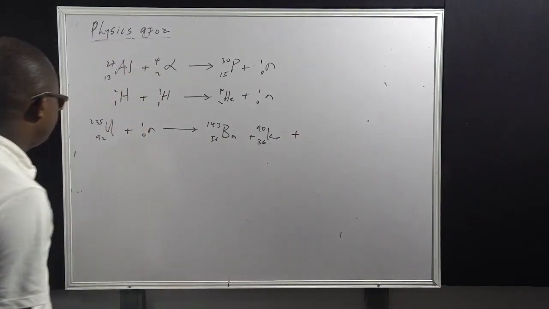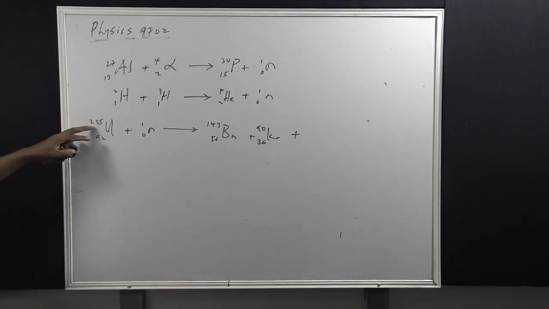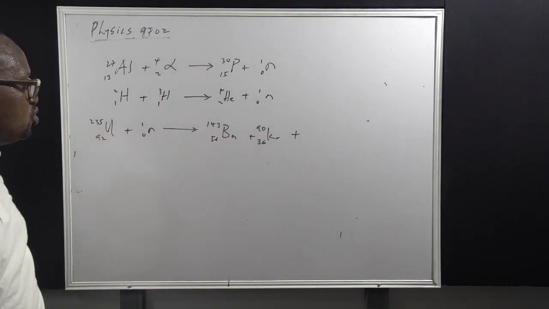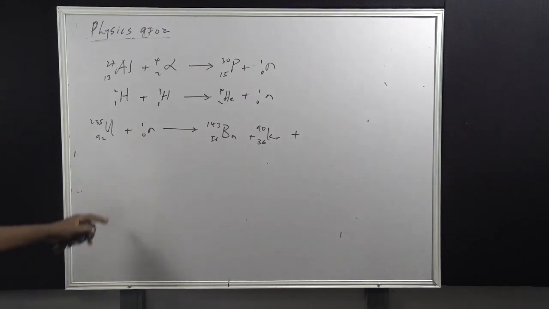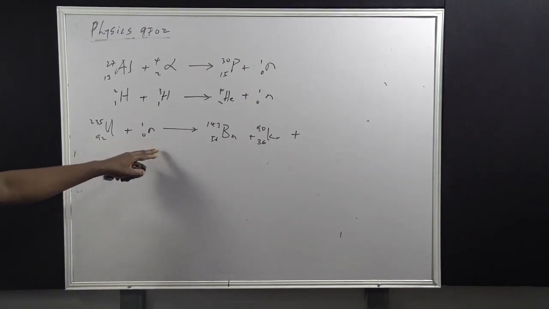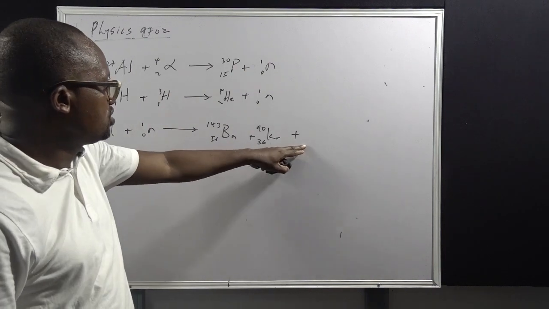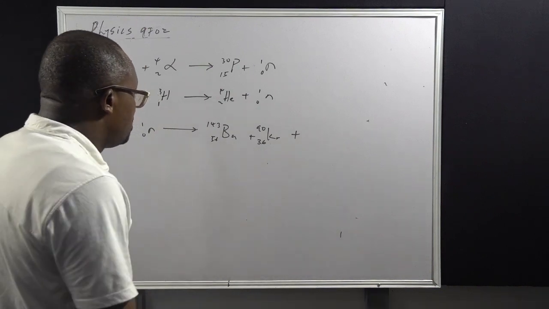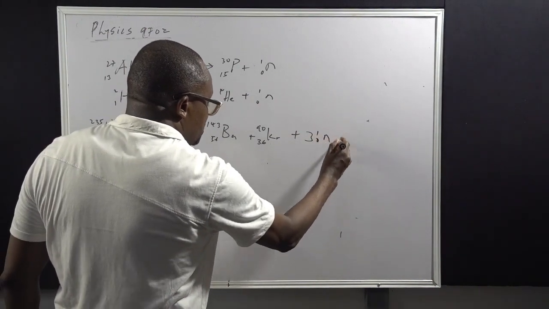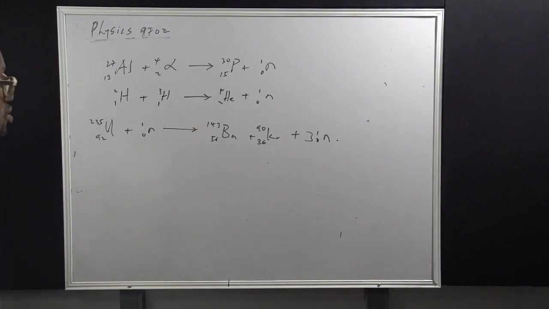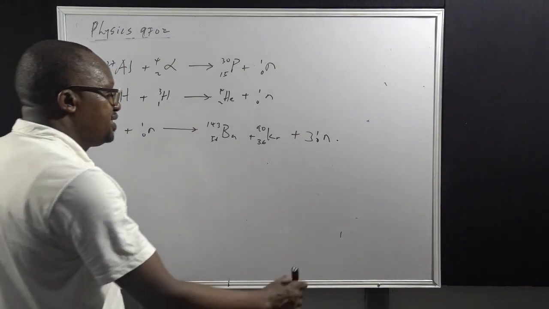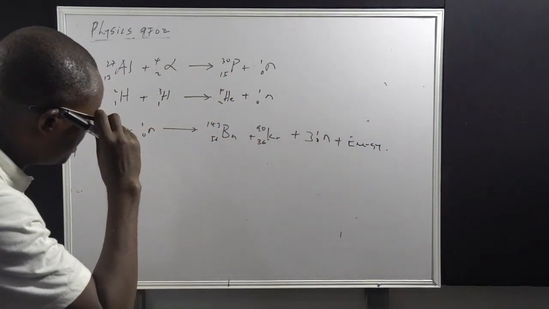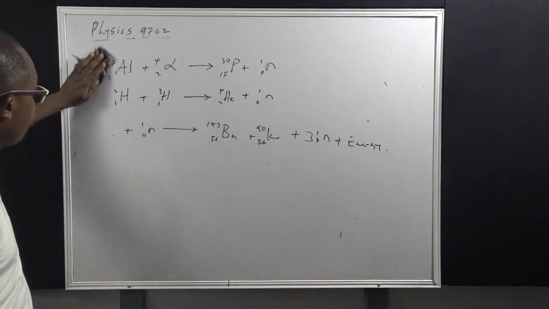So if I want to balance this, sum of nucleon number on the left is 235 plus 1, 236. 143 plus 90, 233. Then 92 plus 0, 92. 56 plus 36, 92. So that means what I'm going to be having here is a neutron, because the nucleon number of the ejected particle is 1, and the proton number is 0. But I'm going to be having 3 neutrons. So as time goes on, with the release of energy, we are also going to be talking about more of these examples.